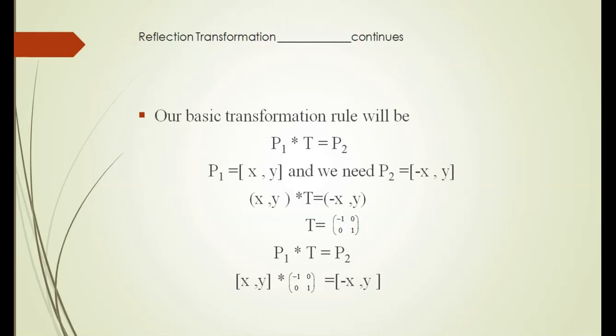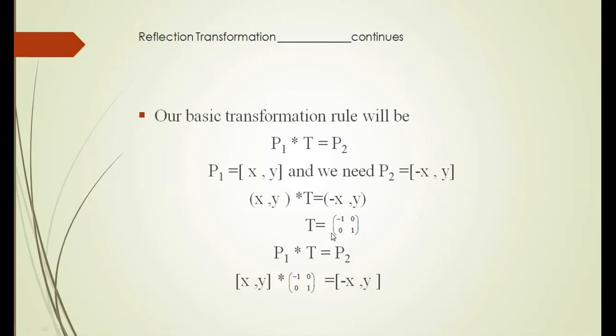So here the basic transformation rule is P1 into T is equal to P2, where P1 is (x, y) and we need P2 equal to (-x, y). So we get the desired result (-x, y) by multiplying our original coordinate with the T matrix.